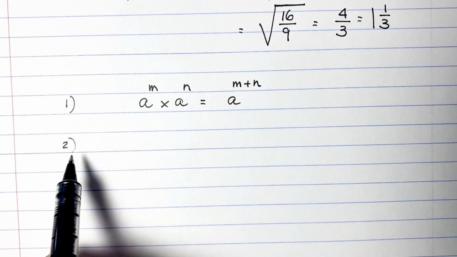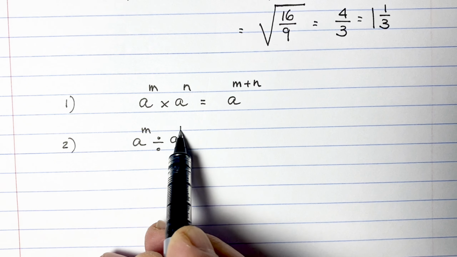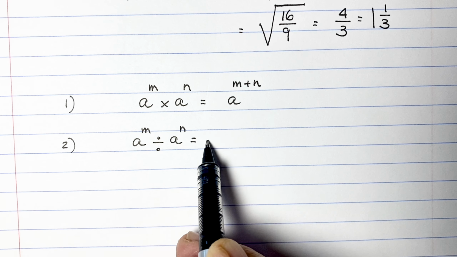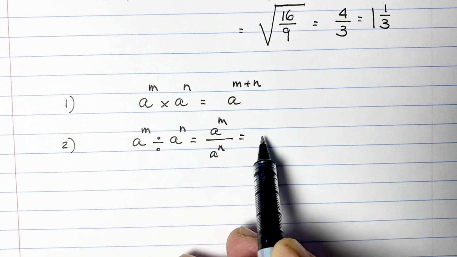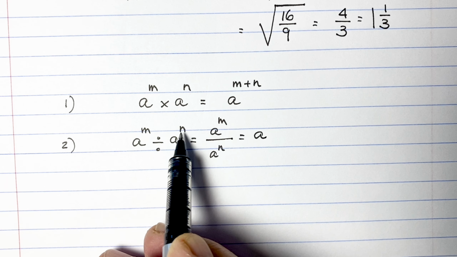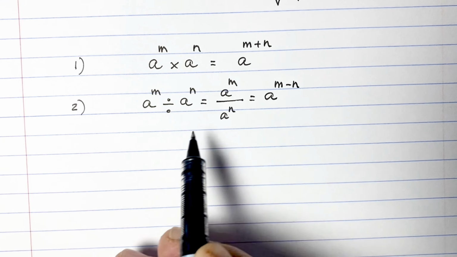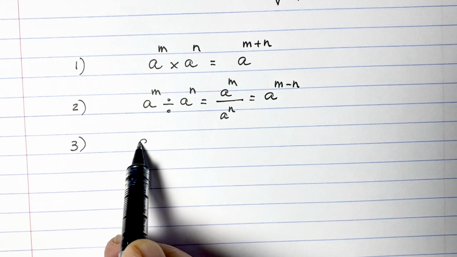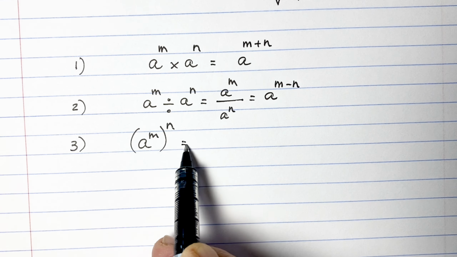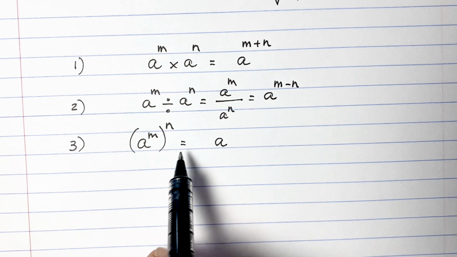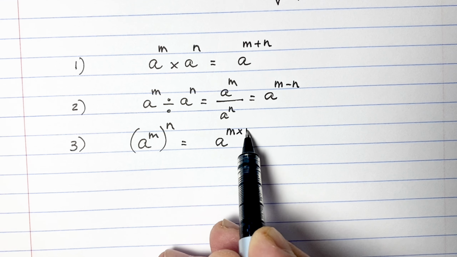Law number 2, when you take away, when you divide, your divide might be in this form or in a fraction form. You write the base, first power minus the second power, or top power minus the bottom power. Law number 3, when you've got a to the power of m reaching another power, remember, when you have multiple powers, multiply the powers.